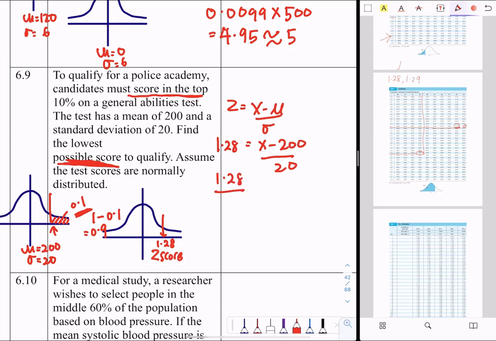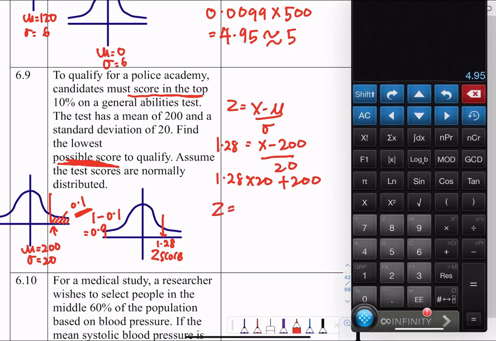So x equals 1.28 times 20 plus 200, which is 225.6, approximately 226.